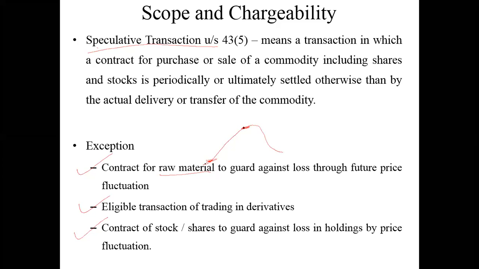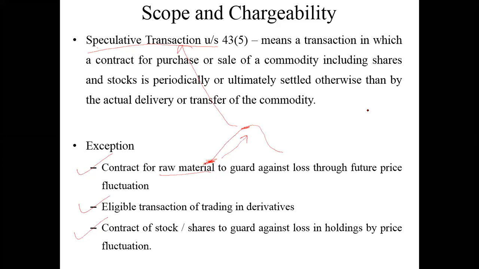If that had been your intention, then you would have been called a speculator. But here your intention is not to speculate but to safeguard yourself against any adverse movement of raw material prices in the near future. That is the reason you purchase a huge amount of raw materials in the initial stage, when the prices are low, hoping that the prices will rise in the near future.